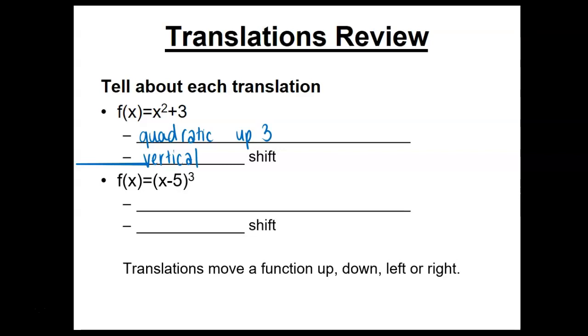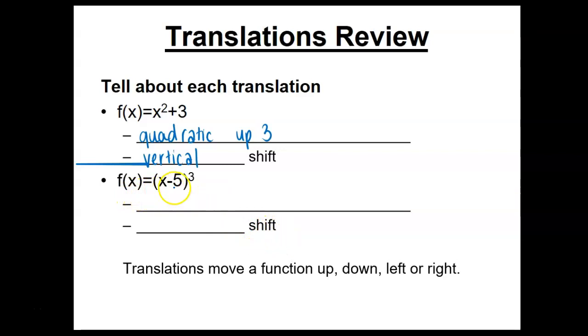But for these, we're just doing shifts, so they're up or down, left or right. So it's just going to go whatever number you have there. So you don't have to worry about the greater than 1 or less than 1 for this. So this is just a vertical shift up 3 here. But we'll come to that here in a minute. It'll be slightly different, but we'll do that here in a minute.